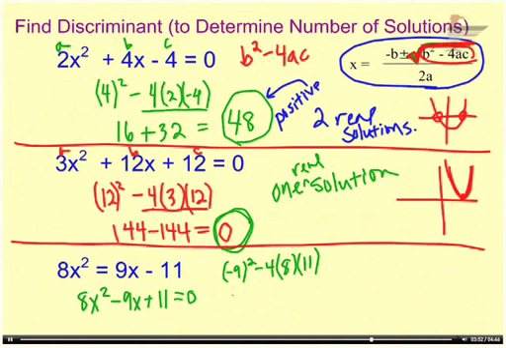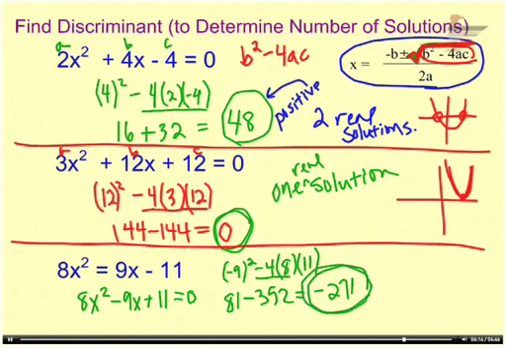So negative 9 squared is positive 81. Negative 4 times 8 is negative 32. And negative 32 times 11 is a negative 352. So 81 minus 352 gives us a negative 271. So negative 271 is the discriminant.